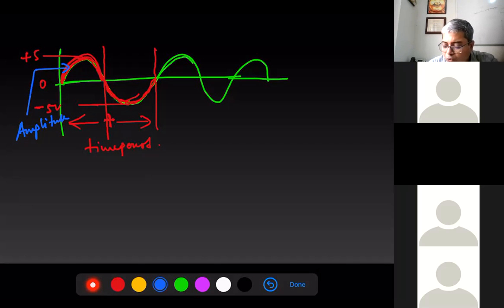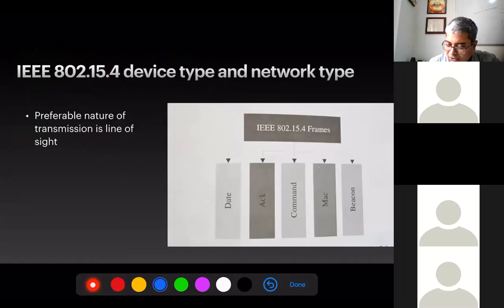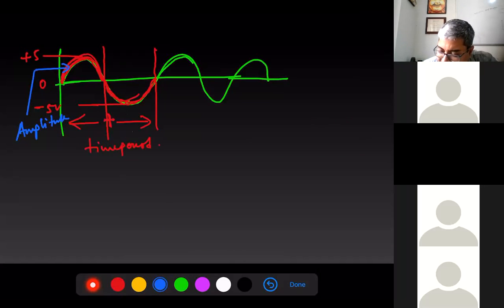Apart from amplitude, what does it refer to? It also refers to its angle, the phase angle. Means that with time, it is changing its phase angle also. Phase angle means right now it is at 0 degree. How to determine the angle at any instant of time?